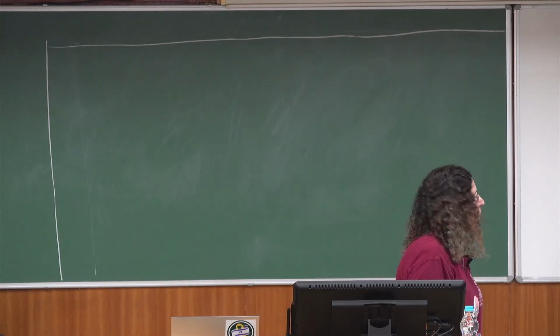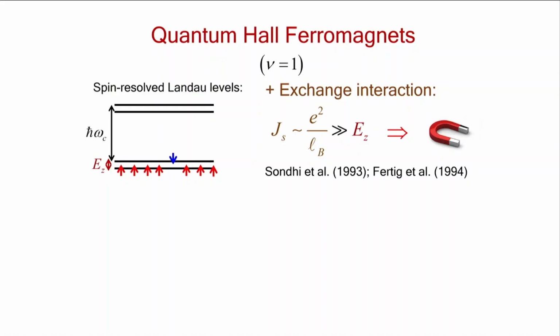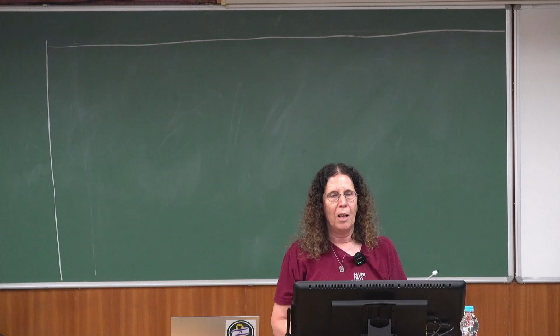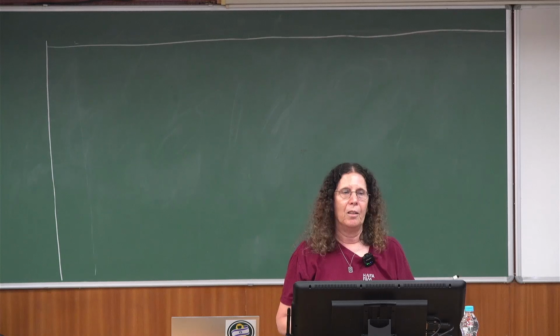Why is that? Because you are creating a domain wall, actually two domain walls between spin up and spin down, and that costs energy. Basically, in a ferromagnet, you have a notion called stiffness. The ground state is polarized, so all the spins are polarized in the same direction, and you can make some deviation from the collective polarization, but it has to be smooth and slow enough to minimize the energy.